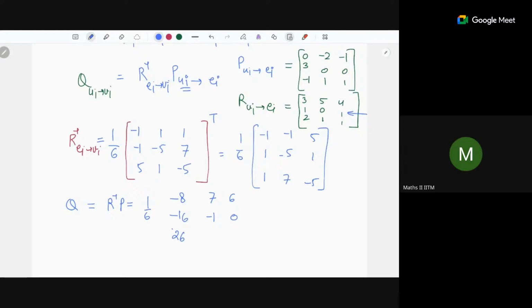Okay, we are getting the same matrix. So now minus 2 minus 5. This will be 1 minus 1 minus 6. Right. Yeah, we get the same matrix.